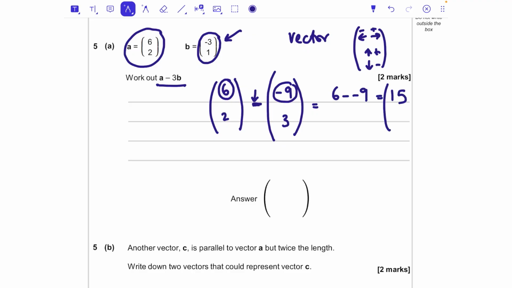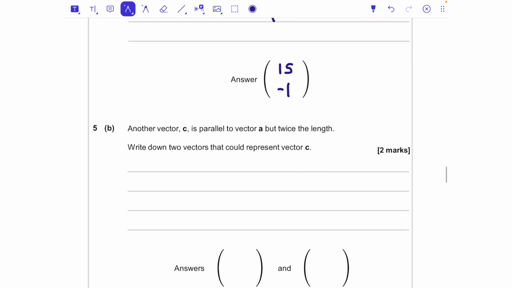So that's going to be the top number of my vector. And then I've got 2 take away 3, which is minus 1. So overall, we've got (15, -1). So if I did vector A, and then I took away 3 vector B's, overall, we would be going 15 to the right and 1 down. That is the resultant vector.